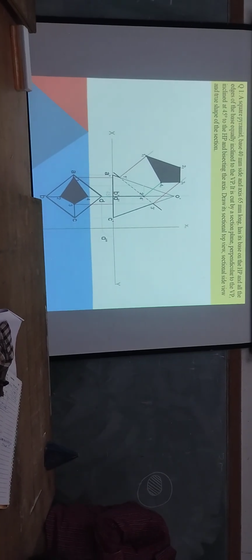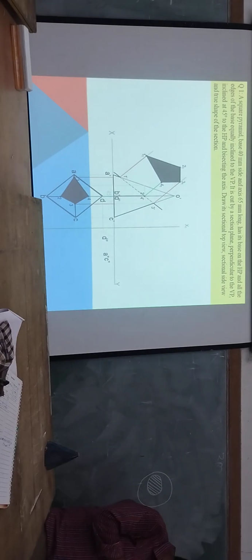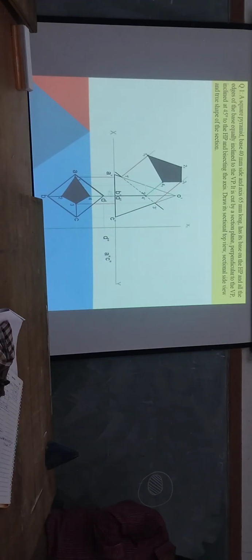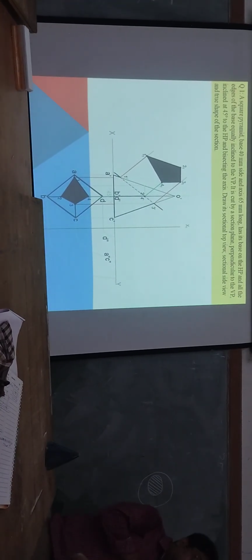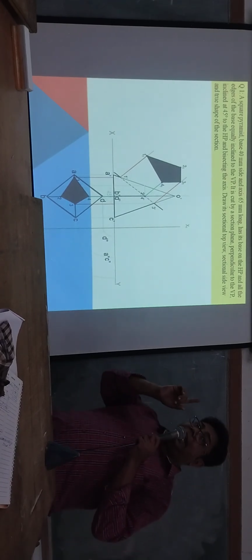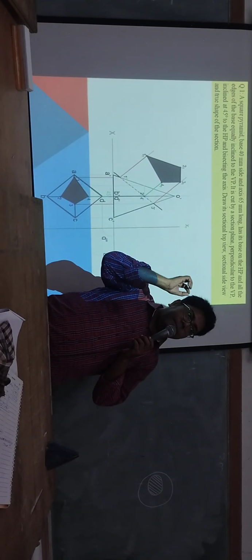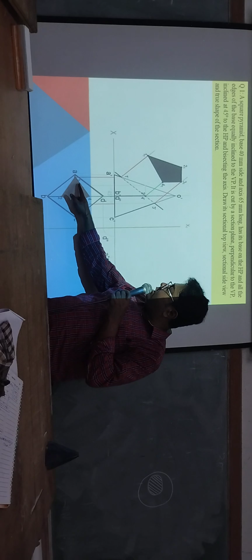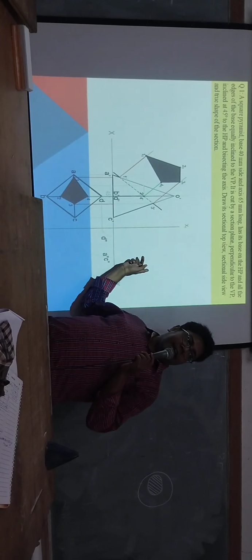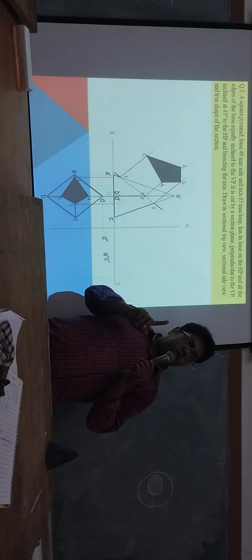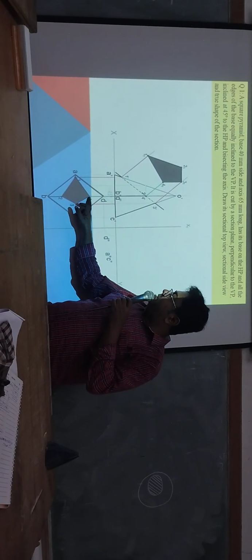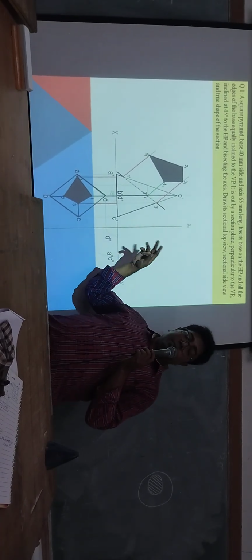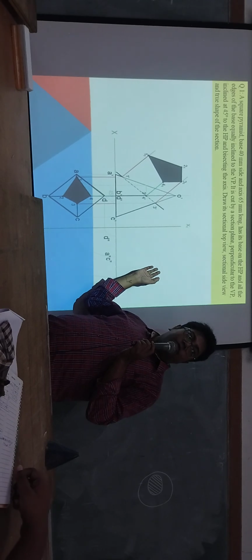From the top view, the lines are taken and projected on the horizontal reference line. Now, don't take the projection, please remember one thing. Don't take the projections for these points on the top view, for the side view.